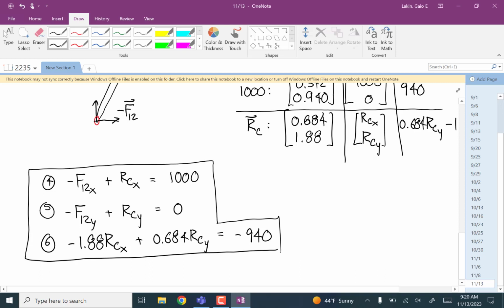Okay, so the next step is, solve this system using reduced row echelon form or whatever you want to use. And then once you have that, draw the free body diagrams of each of these two bodies with the external loads on them. Okay, so that's the next step.